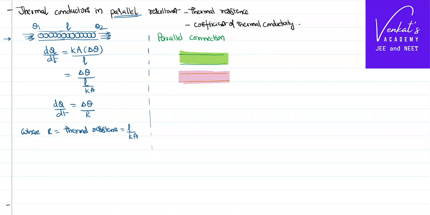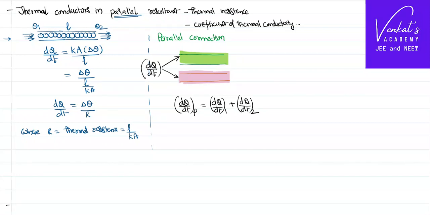Now when you supply some heat, dQ by dt, the rate of flow of heat, some part of the heat will go through the first material and some other part will go through the second material. So the total rate of heat flow of the parallel combination is the rate of heat flow through the first rod plus the rate of heat flow through the second rod.